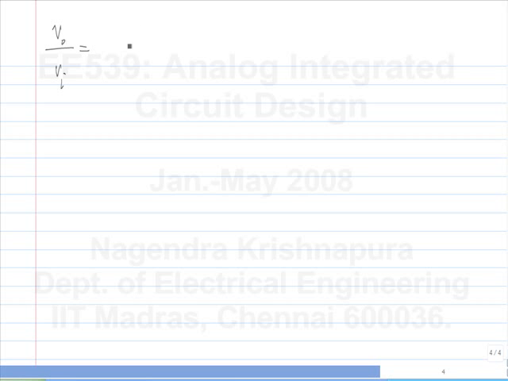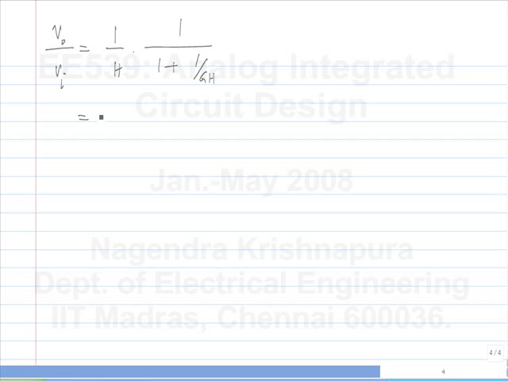So what is V naught by Vi? So this is one form to write it, right? So what is H? What is the value of H? This is in the standard feedback notation where G is the forward path and H is the feedback path. Okay.